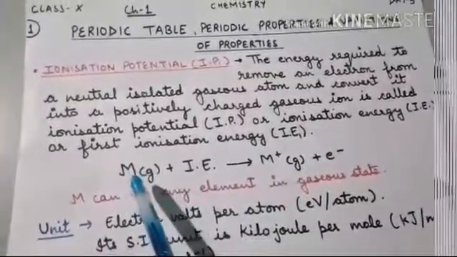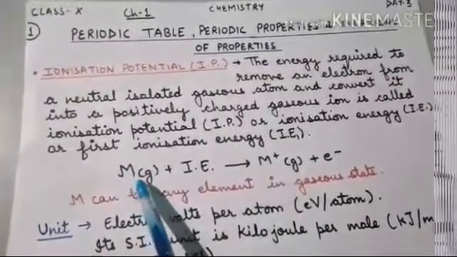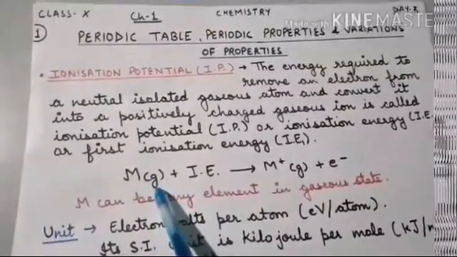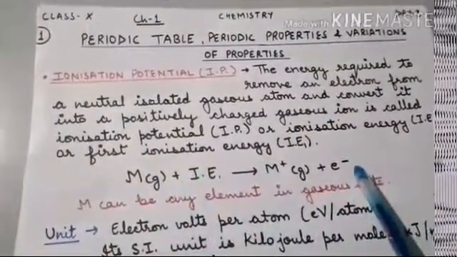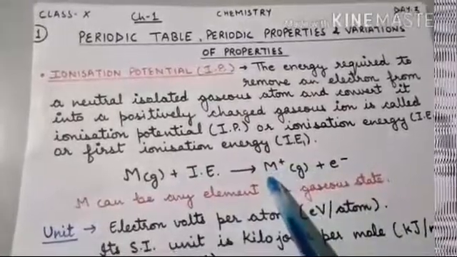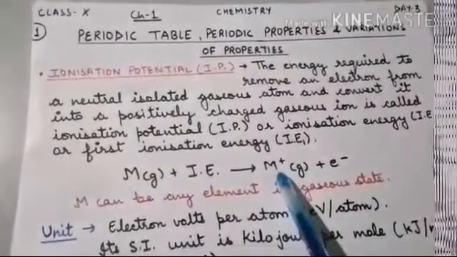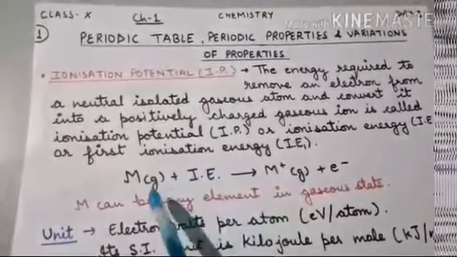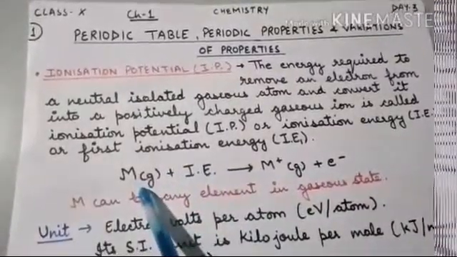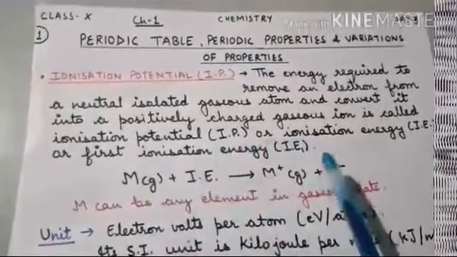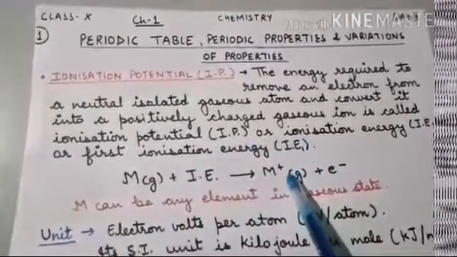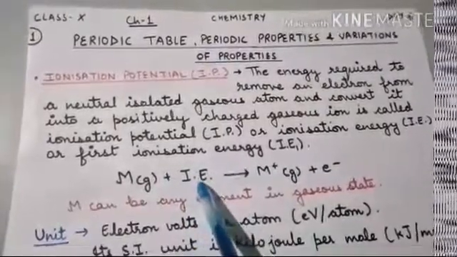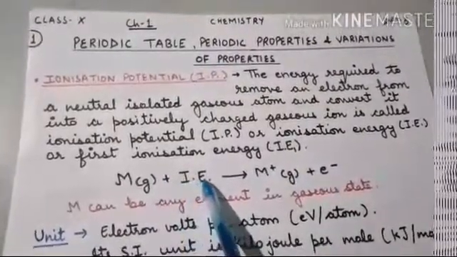Suppose this is an atom of any element, and when one electron is removed from it, it will convert into a positively charged ion. So the energy required to convert the neutral isolated gaseous atom into a positively charged gaseous ion is called ionization energy or ionization potential.